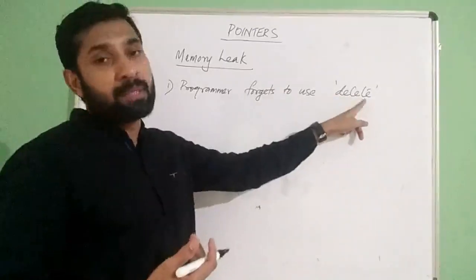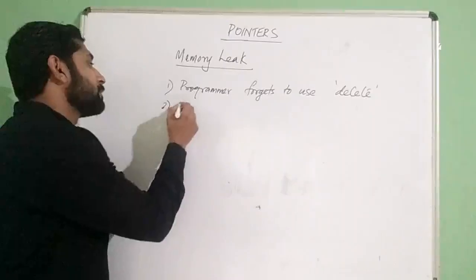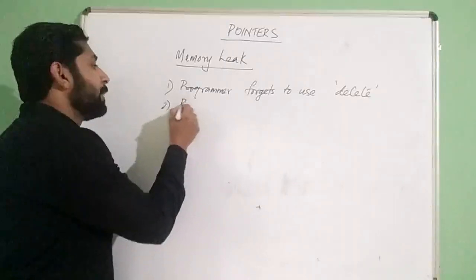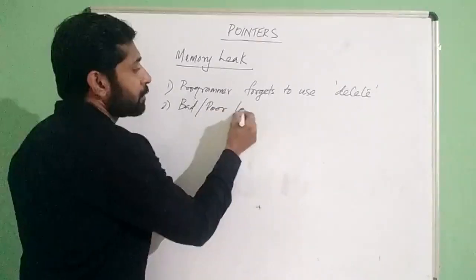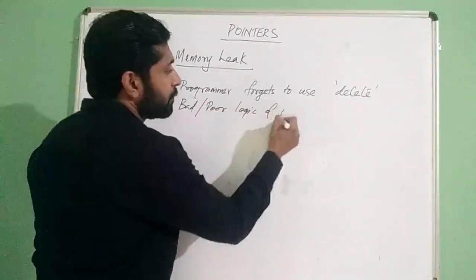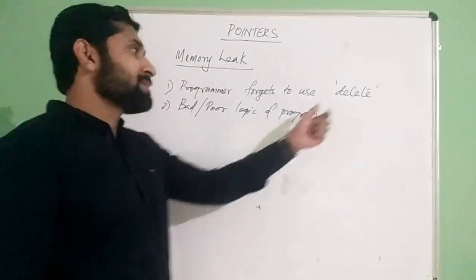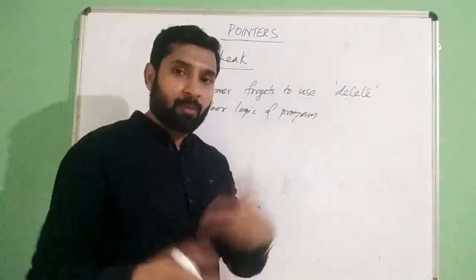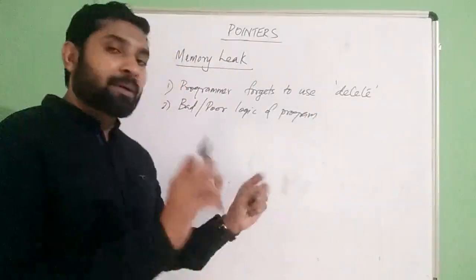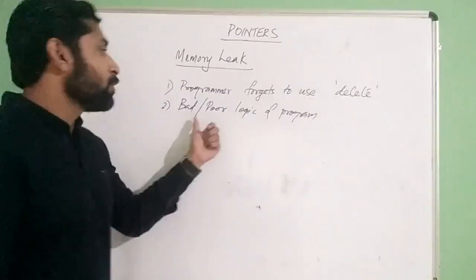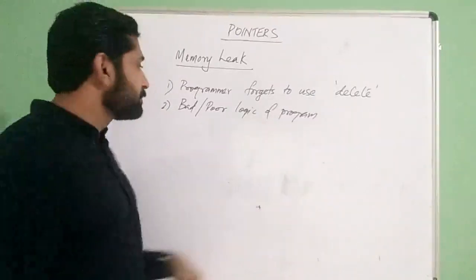He is forgetting to use the delete operator. The second one, bad or poor logic of program. The programmer has taken care to use delete, but when the program is executed, the delete operator is not properly functioning. So it is due to the poor logic of the program.